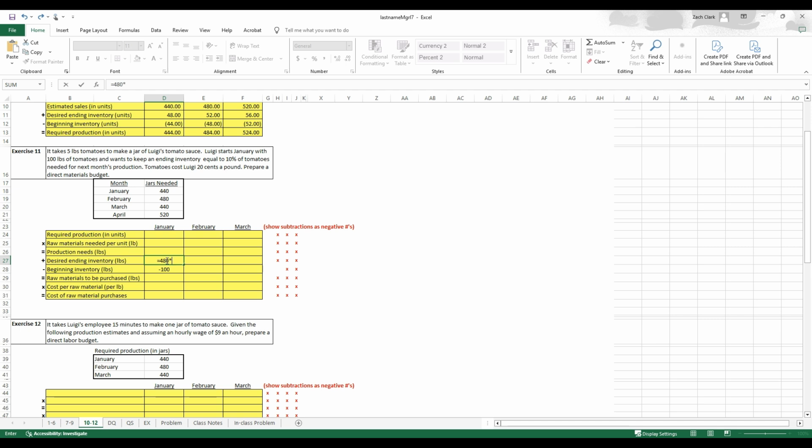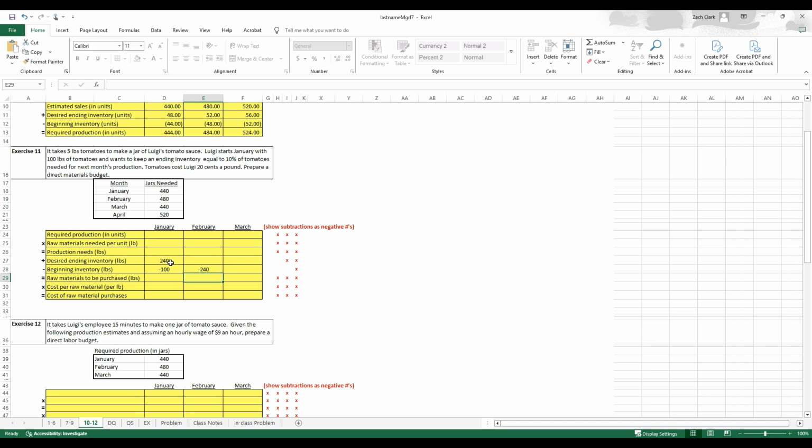We want 480 jars times 5 pounds per jar. So we would want to have 2,400 in January, but that's just the total pounds. And we want to keep an ending inventory equal to 0.10. So 240 is where we end up with. And that's then going to be our beginning inventory, I believe.